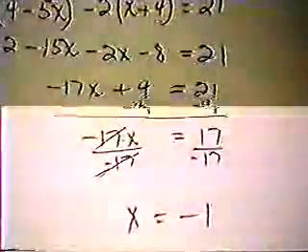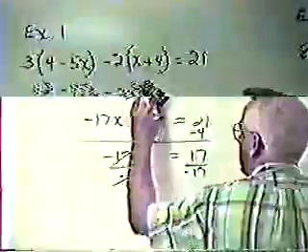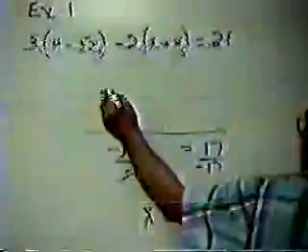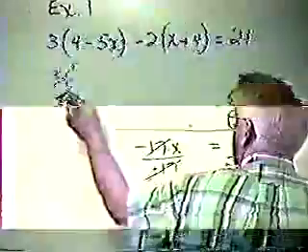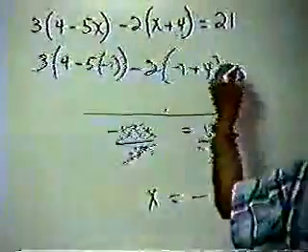All right, last thing on the problem now is to always check your answer. See, this could be a case where it's no solution, so we must check our answer. So let's go back and plug the minus 1 into the original equation where the x is. So going back up here, we will have 3 times 4 times a minus 5 times a minus 1 minus 2 times a minus 1 plus 4, is that equal to 21?